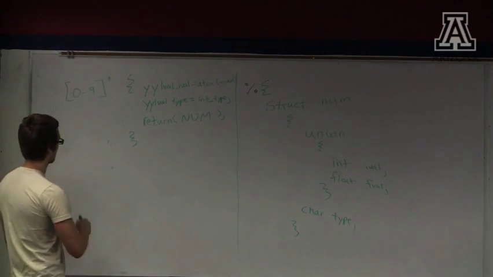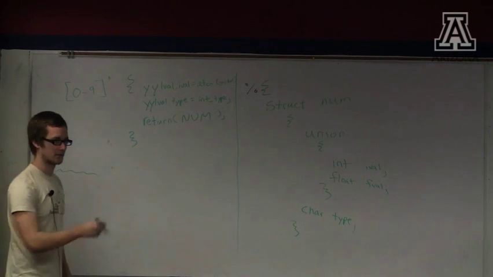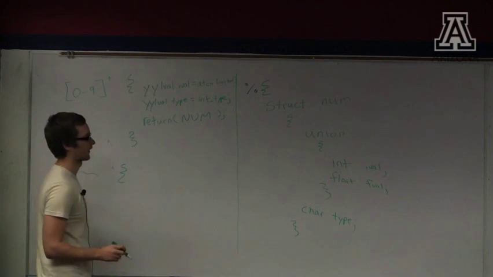So let's say I've written my rule for floats again, and there's the three sets of brackets and whatnot. What do I want to do here?